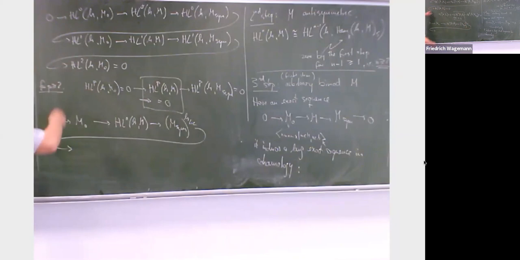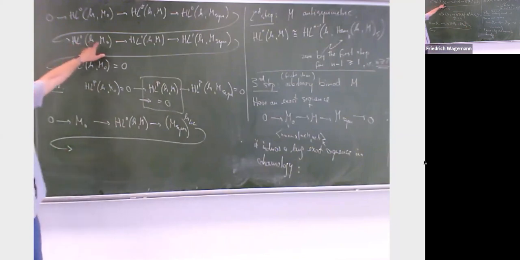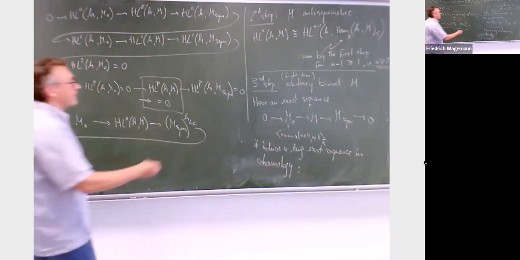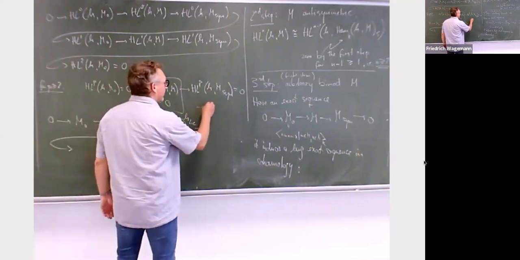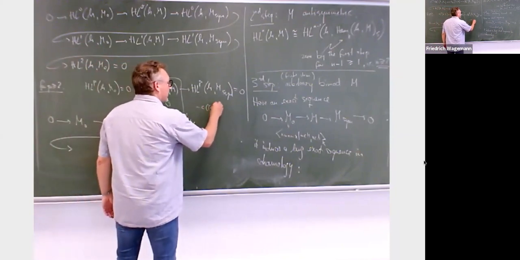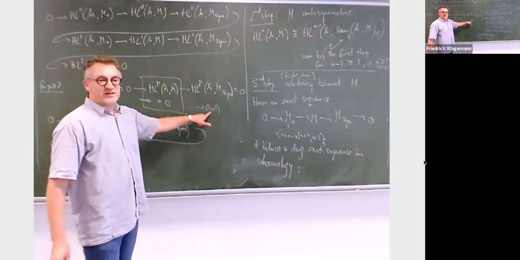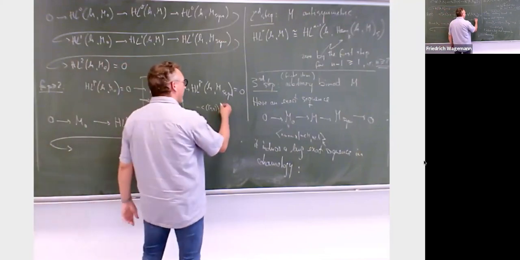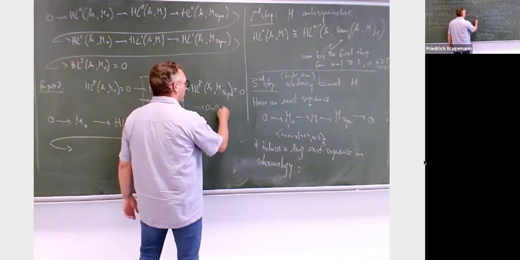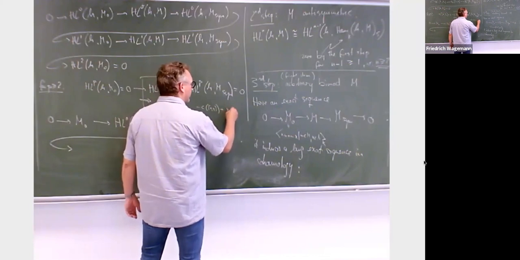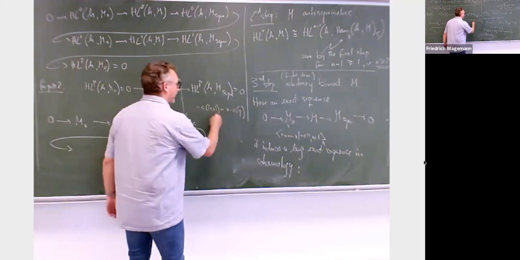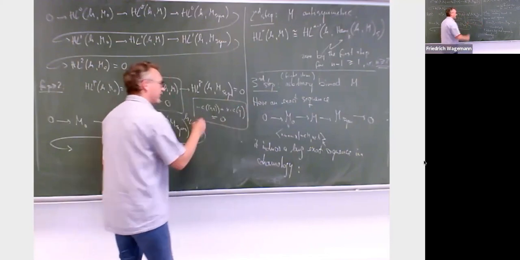And then I go into HL1 of H with values in the anti-symmetric module M0. We have seen that the coboundary operator for the trivial module is just this term. But for an anti-symmetric module, we have also this term. But then it is 0, because the action from the right is 0.